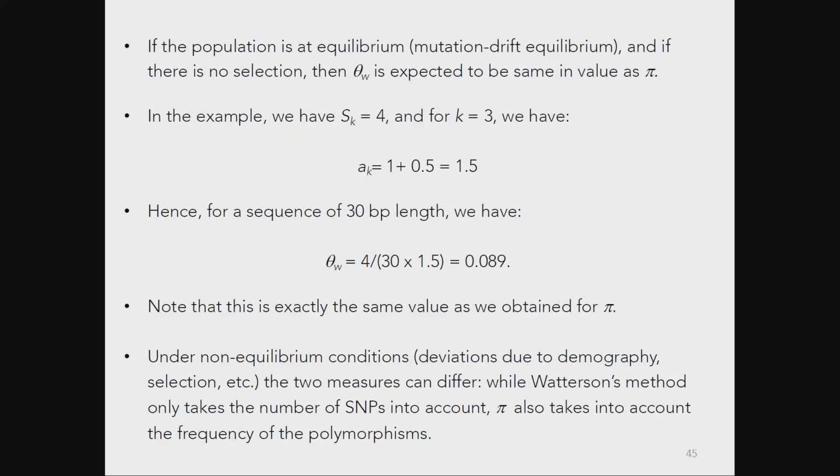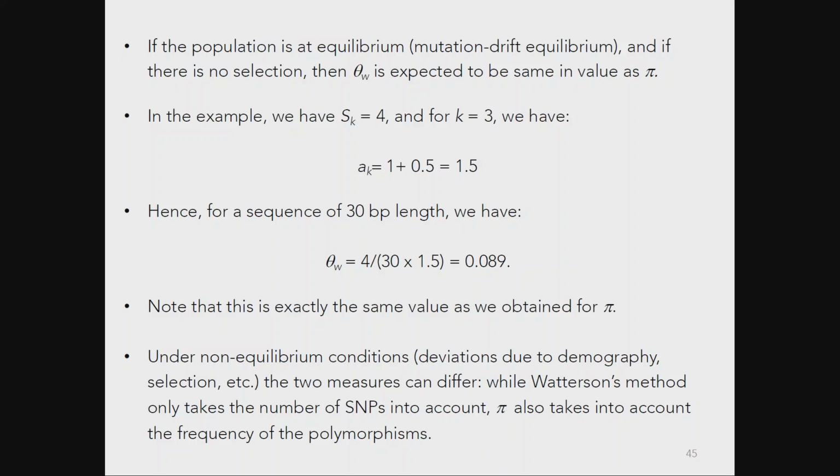Standard neutrality also means there are no changes in demography, so we assume that the population size is constant. There wasn't any population bottleneck in the past, the population is not growing or expanding. That's what we refer to as standard neutrality. Under standard neutral conditions, these two measures are expected to be the same.